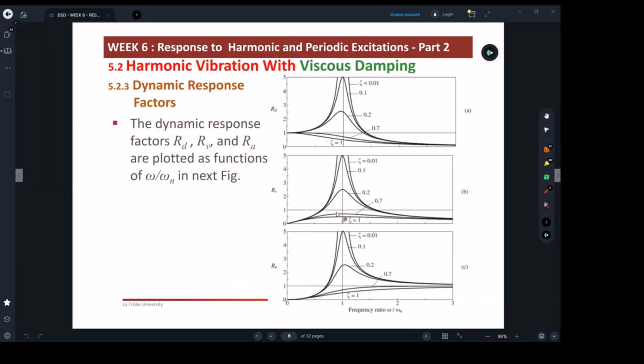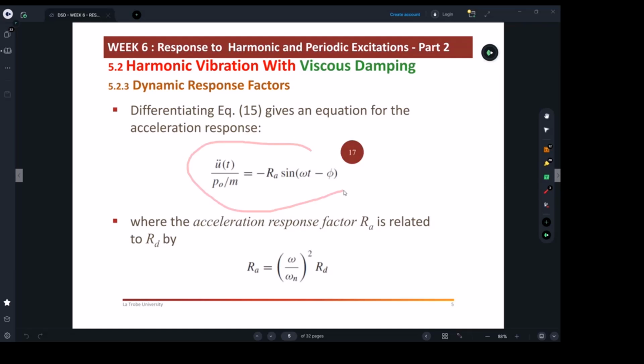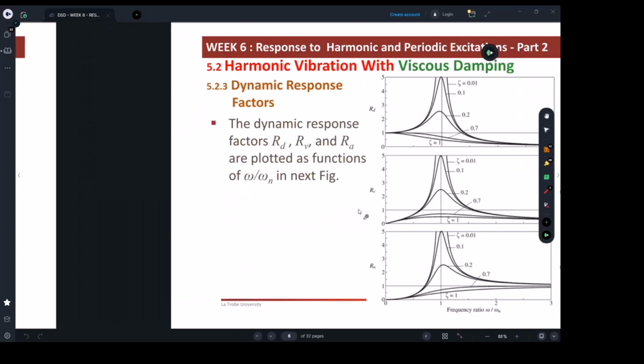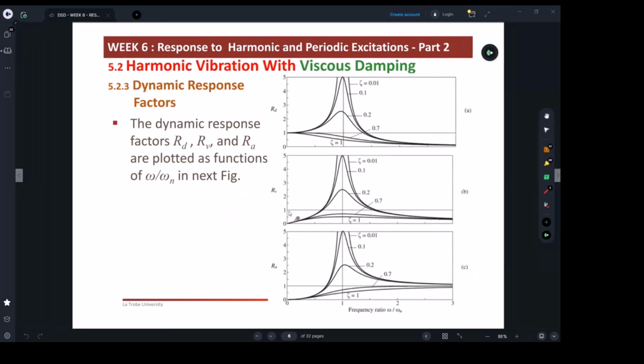Right? Now, similar to what we did last week, we are able to use these equations. We take them in an Excel file and start plotting charts, varying the frequency ratio in the horizontal axis. We are changing the frequency ratio from 0 to 3.